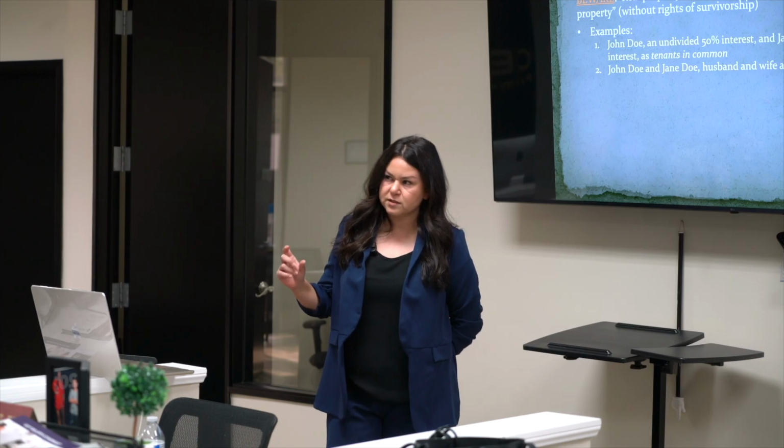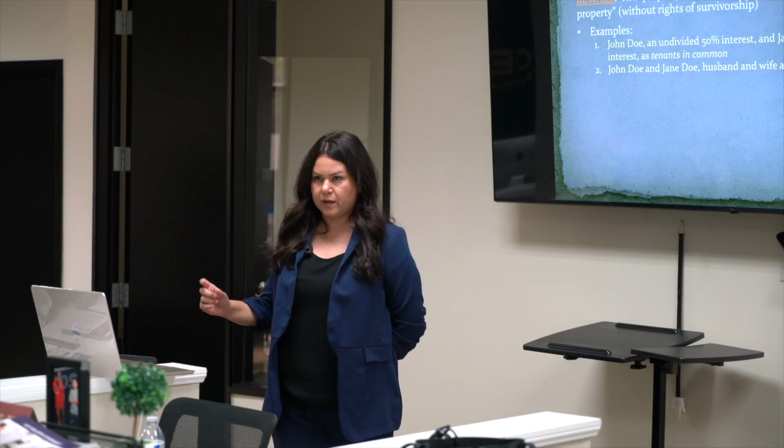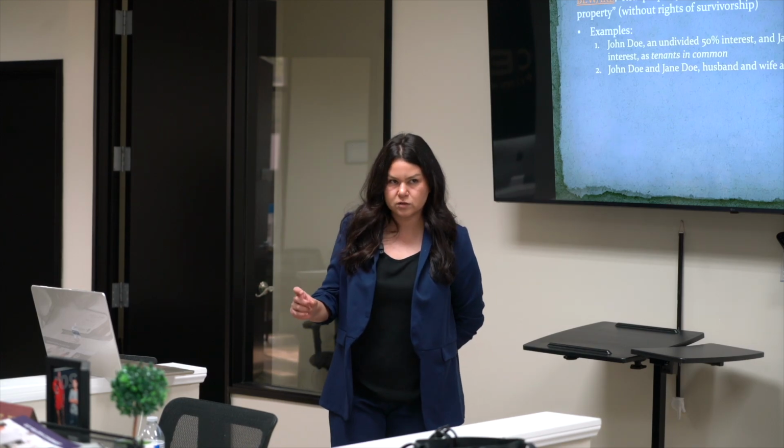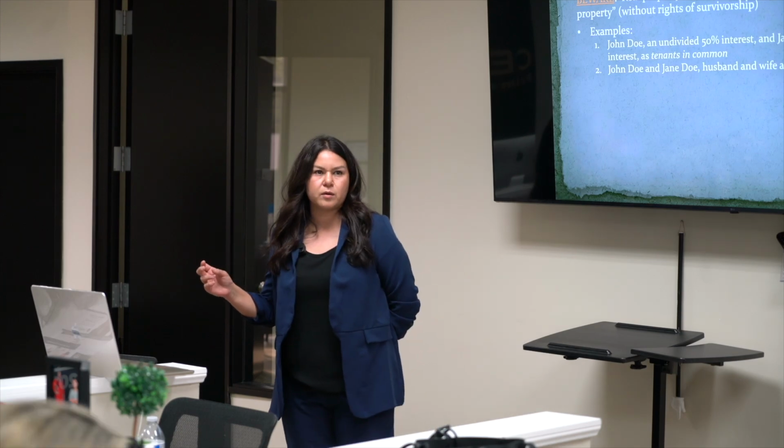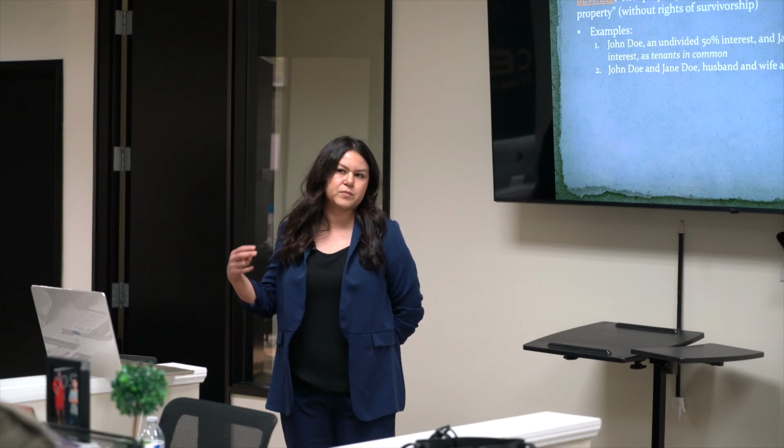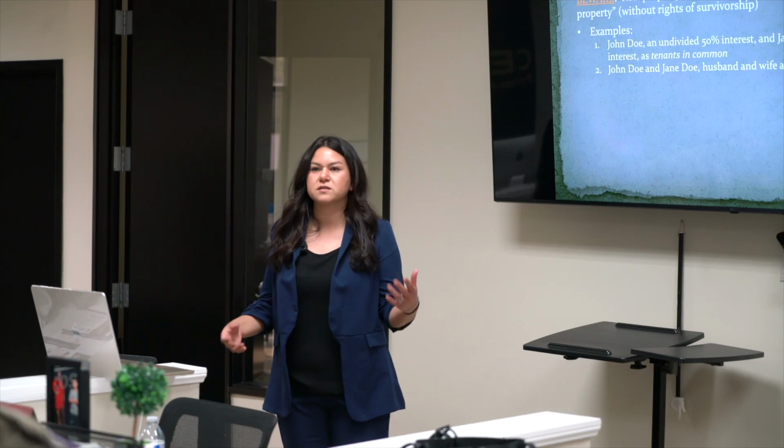So if someone passes away, their interest would have to go through probate if it wasn't transferred to a living trust. It's very common to hold property as tenants in common when, let's say, siblings, friends, or partners purchase the property together.